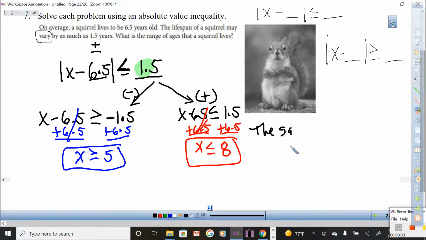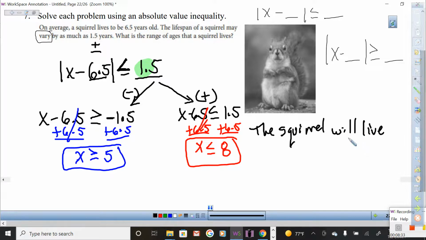The squirrel, very good beginning, yes, squirrel. I misspelled it, sorry. Good beginning, the squirrel will live, pretty good.